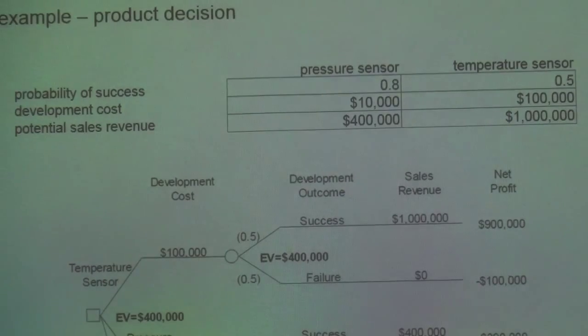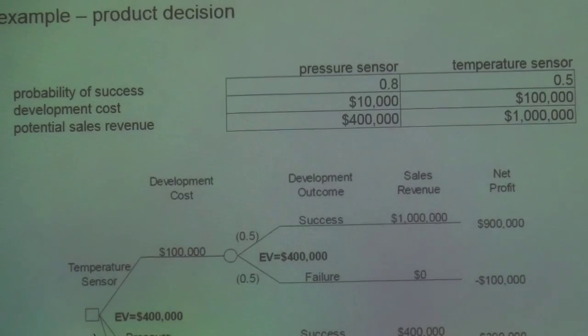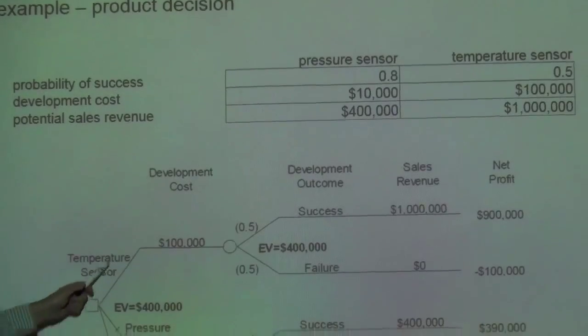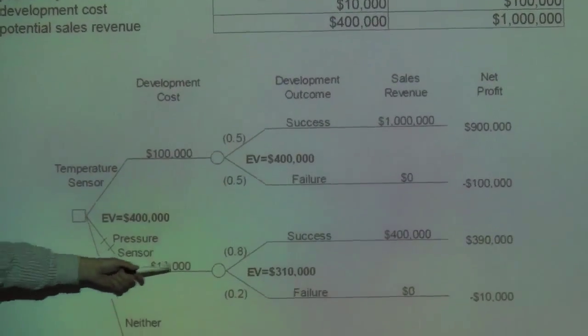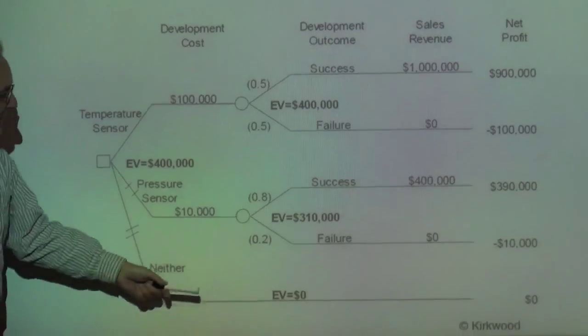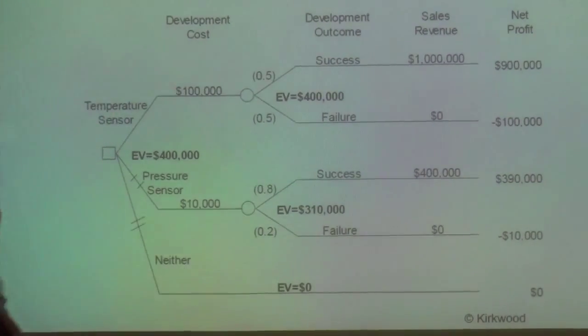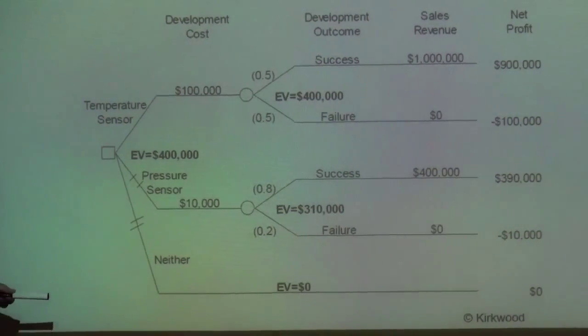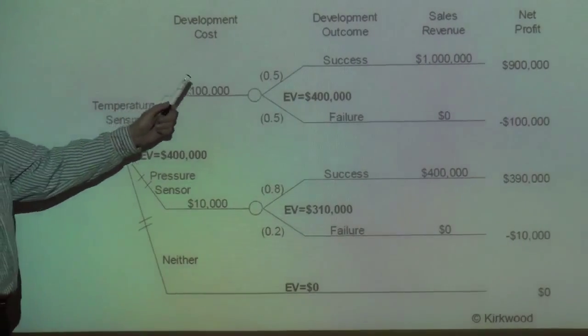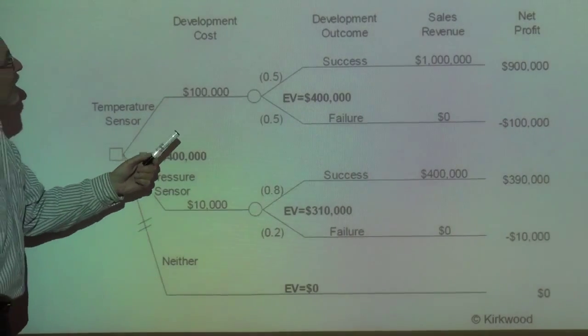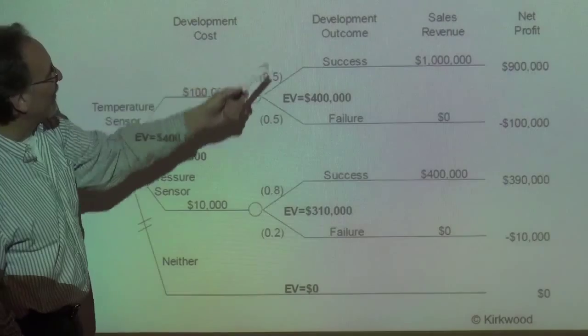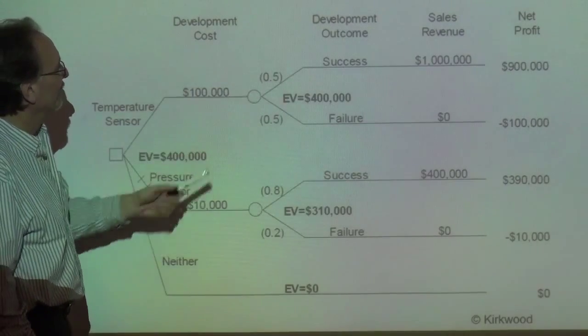So we have the option of doing the temperature sensor, the pressure sensor, or not doing anything, with an expected value of 0. Let's say we're doing the temperature sensor. The development cost is 100,000, and we have a 50-50 chance of succeeding.